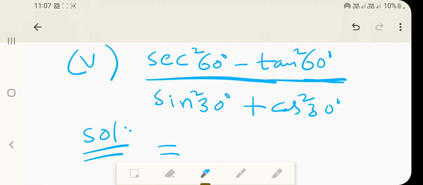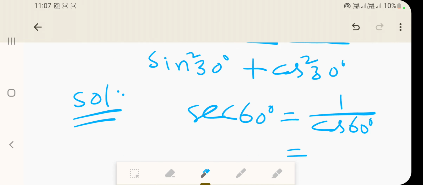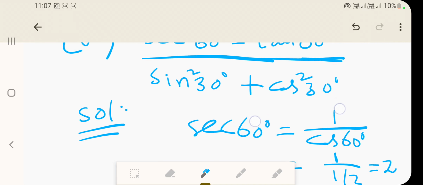What is secant 60? 2 by root 3 or 1 by 2? Secant 60 is nothing but 1 by cos 60. And we know cos 60 is 1 by 2. This 2 goes in the numerator and becomes 2. So secant 60 is 2.